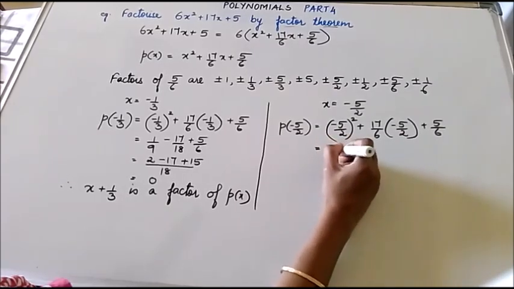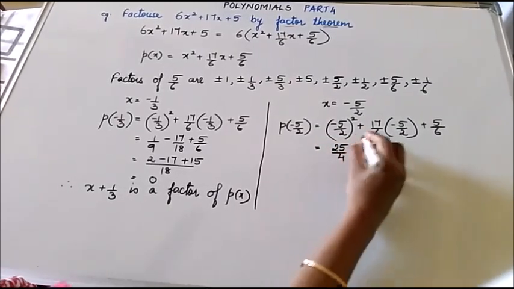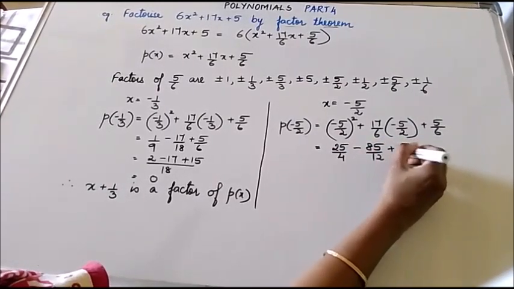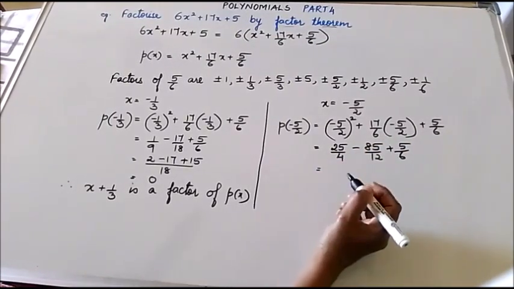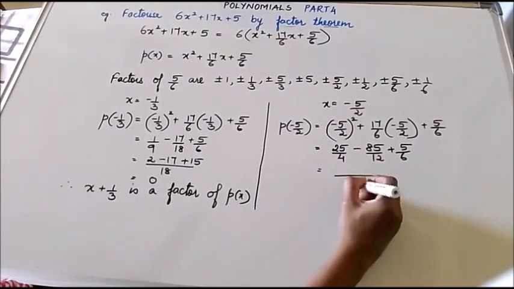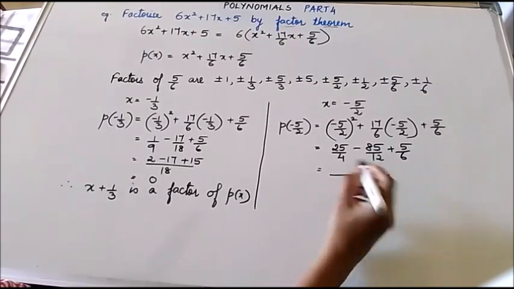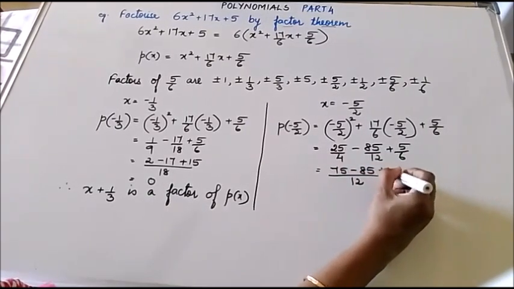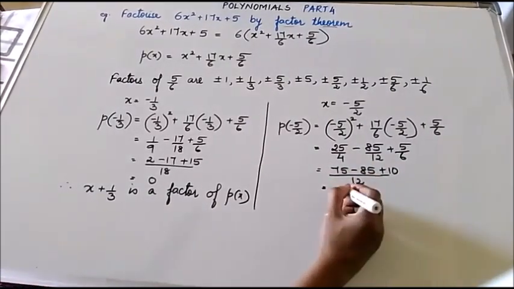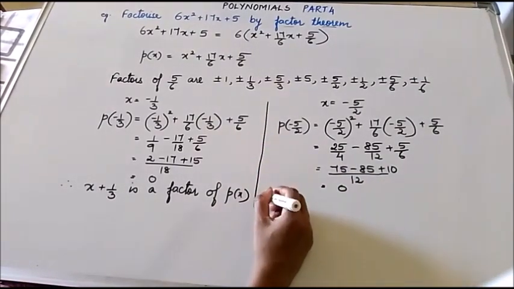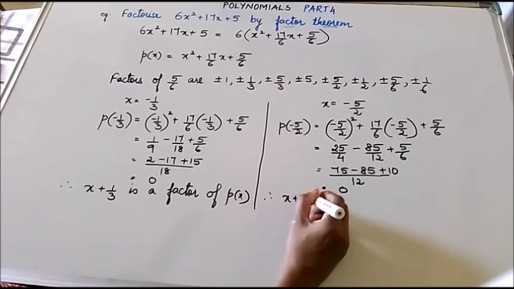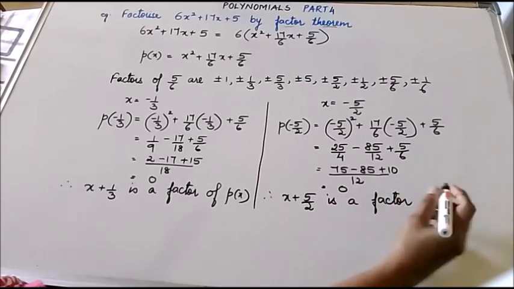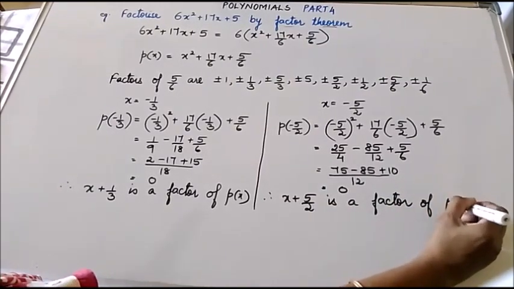This will give me 25 by 4 minus 85 by 12 plus 5 by 6. Here I take the LCM, that is 12. Here you get 75 minus 85 plus 10. This will give you 0 divided by 12, that is 0. The remainder is 0. Therefore, x plus 5 by 2 is a factor of p of x.